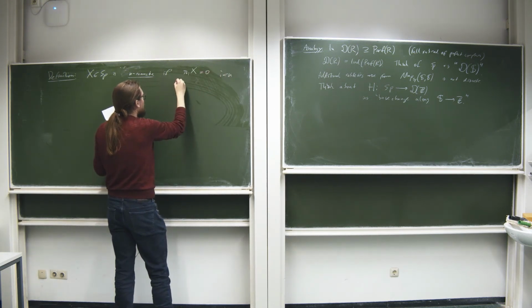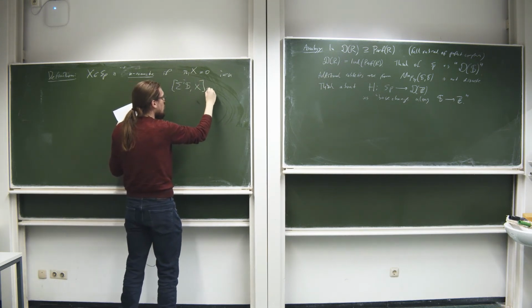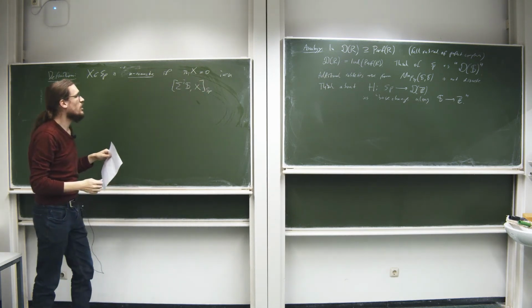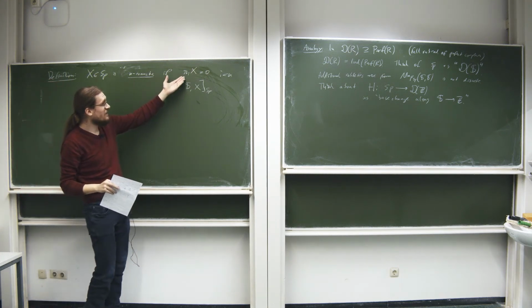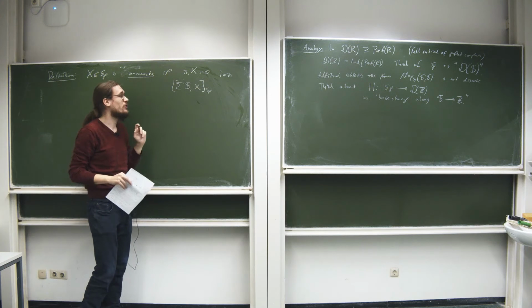And just for reference, this meant maps from sigma i of S into X, homotopy classes of maps of spectra. And here i can be positive and negative, because I have these negative shifts of the sphere spectrum floating around.